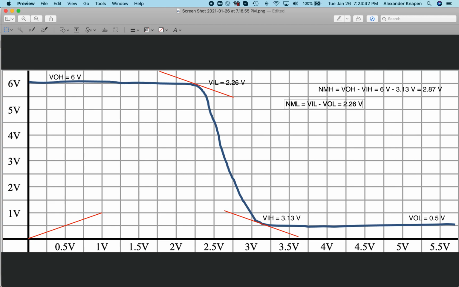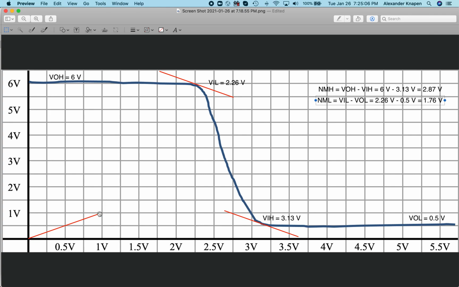When we take the difference of these, we get 1.76 volts, and this defines the range of low voltages that the second circuit can interpret correctly. It also defines how much noise the output signal from the first circuit to the second circuit can handle.